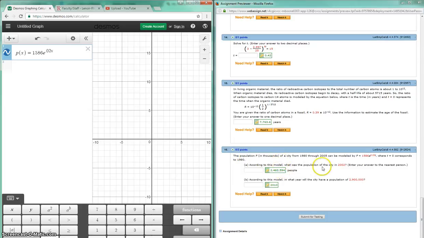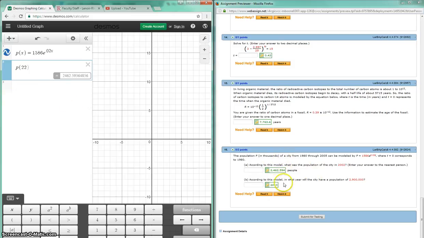According to this model, when is the population? That's what our p is, the population. What was the population of the city in 2002? And t equals 0 corresponds to 1980. So if we're looking at 2002, well, that's pretty easy. We would just plug in 22, right? And we're going to get this 2462 point. But again, this is in thousands, so I'd have to move the decimal 3 places. Always be careful of your units.